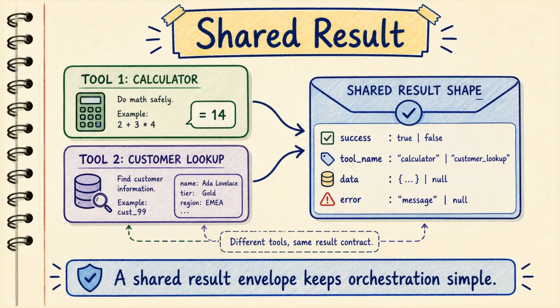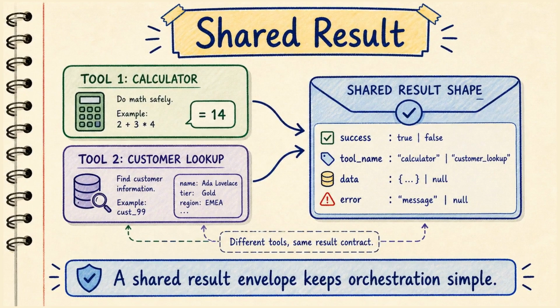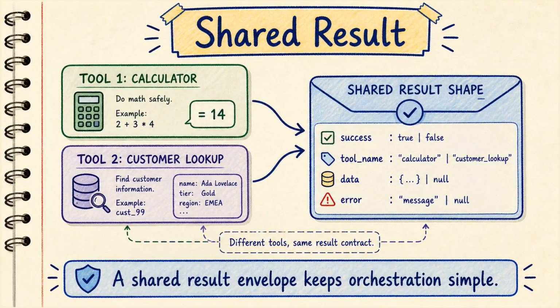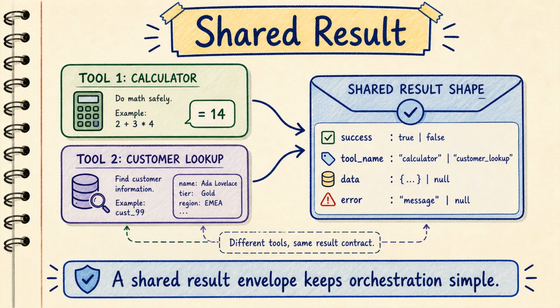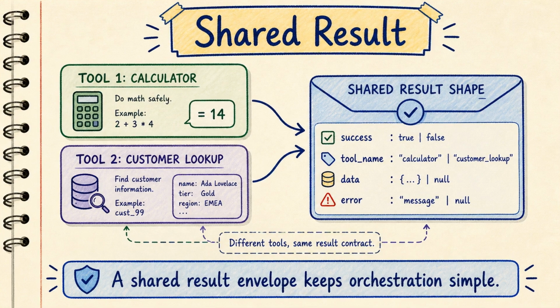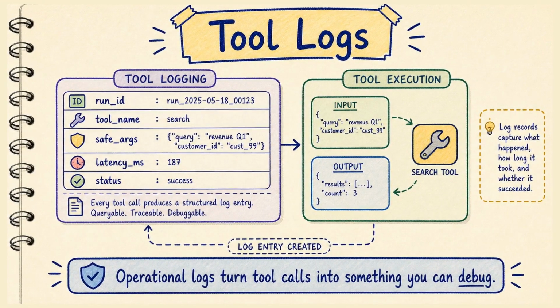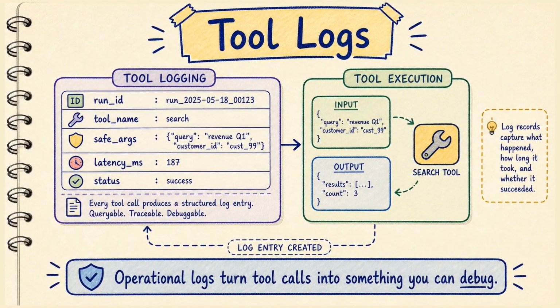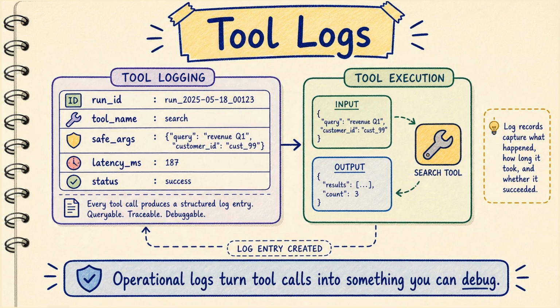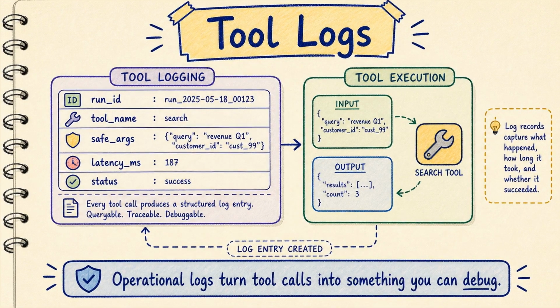Both tools should return the same outer shape: success flag, tool name, data payload, and error message when something goes wrong. That consistency makes orchestration much easier. Add logging around every call. You want to know which tool ran, what safe arguments were used, how long it took, and whether the result was success, empty, or failure.